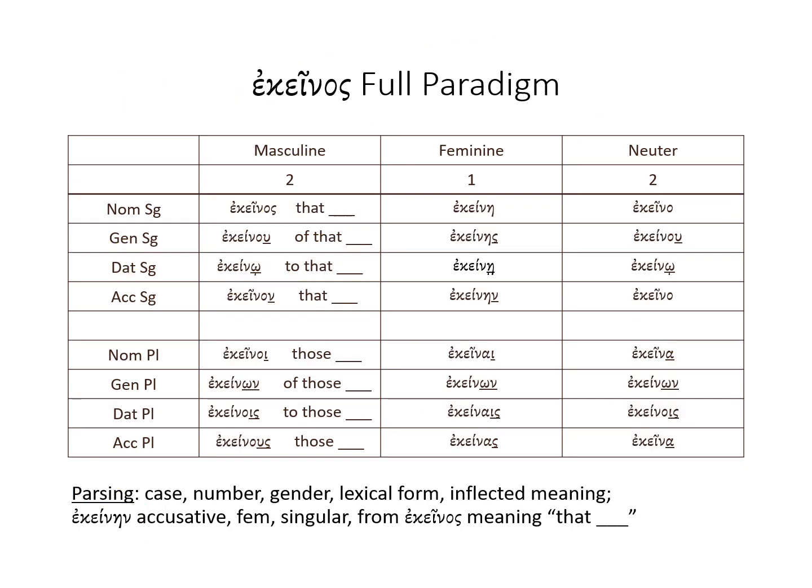Ekeinos here means that one or those. Ekeinos, ekeinou, ekeinō, ekeinon, ekeinoi, ekeinōn, ekeinois, ekeinous. And then we just have the feminine endings all the way down. That's the only distinction.